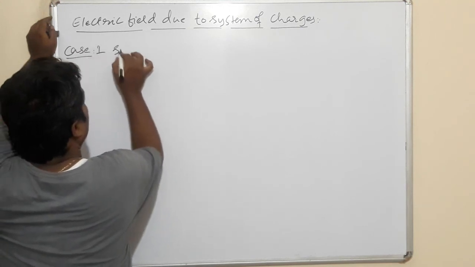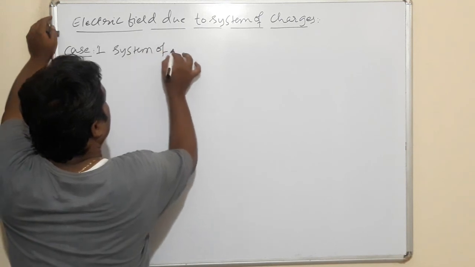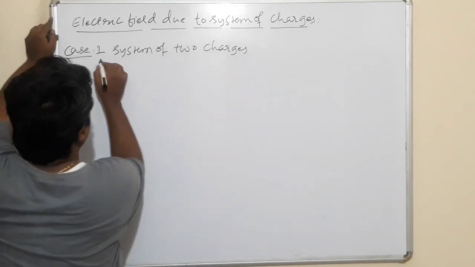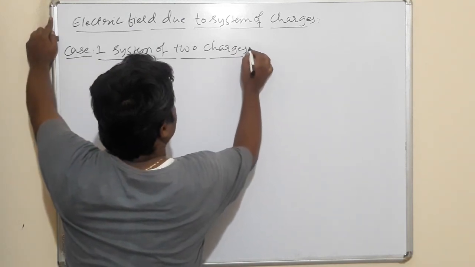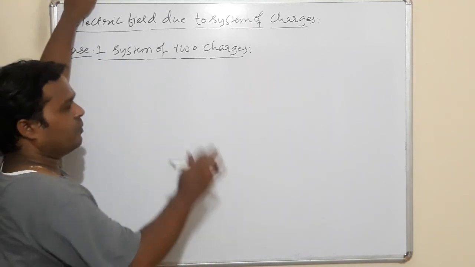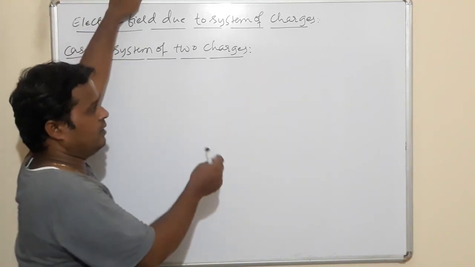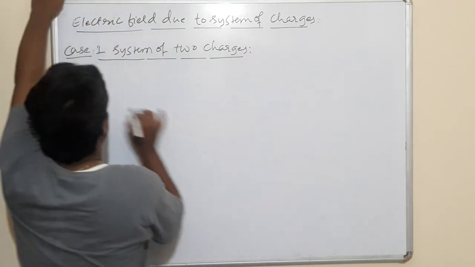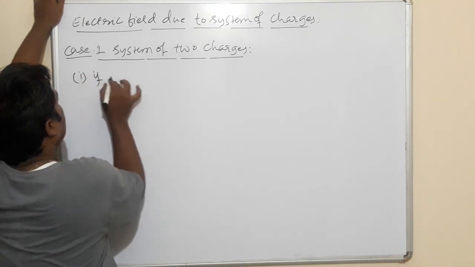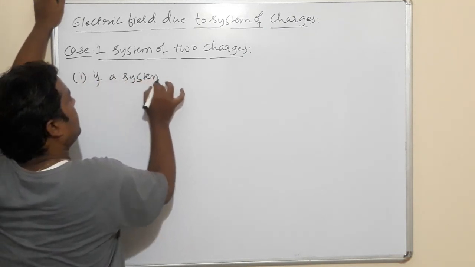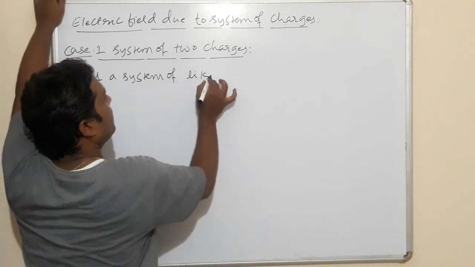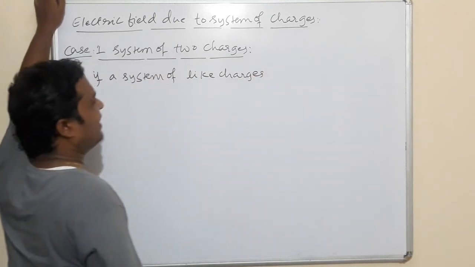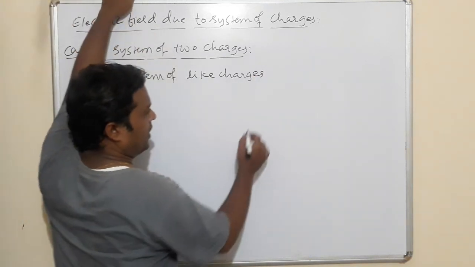Case 1, we will take a system of 2 charges. For a system of 2 charges, see, they may be equal charges or different charges, and they may be like or unlike charges also. Suppose in particular, if I take a system of like charges, here we will take some important concept that I will explain.